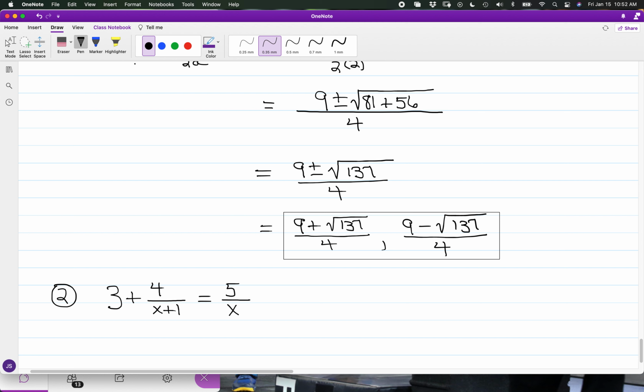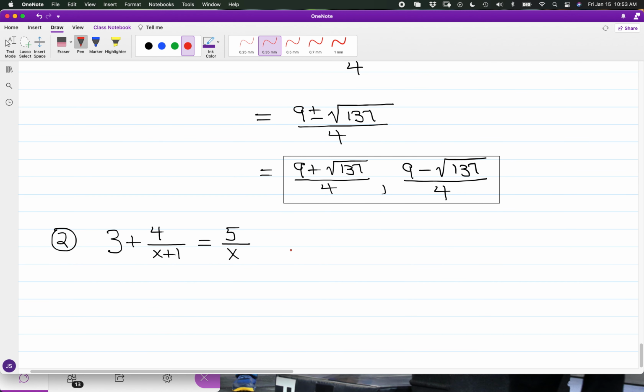Let me mention some things here. Restricted values are those values that are not allowed because they would set the denominator equal to 0. So x plus 1 cannot be 0. In this case, x cannot be negative 1. If I have negative 1 plus 1, I have a 0 denominator.